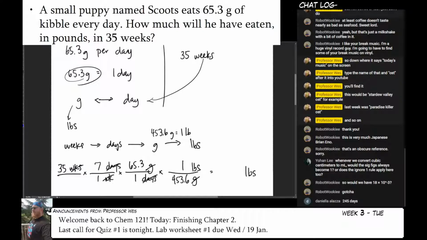If I punch all this into the calculator, I should get the number of pounds of food that Scoots would eat in that time. 35 times 7 times 65.3 divided by 453.6. And I get 35.270 pounds per week. Oops, not per week, sorry. 35.270 pounds in that time frame.